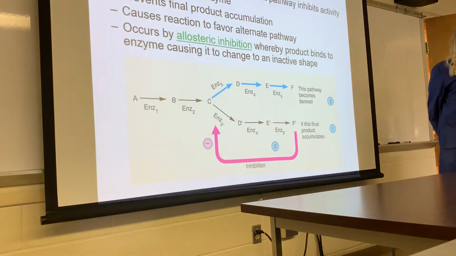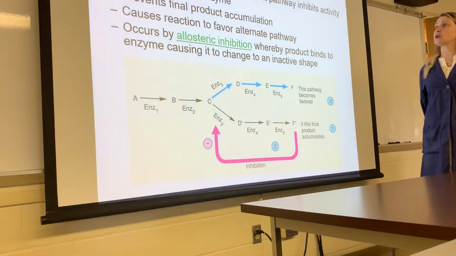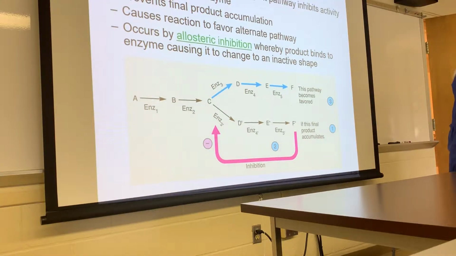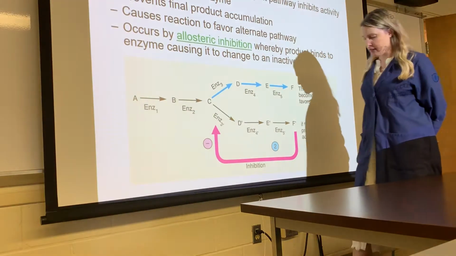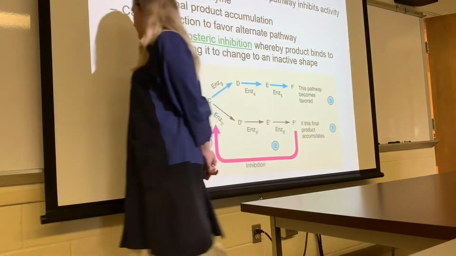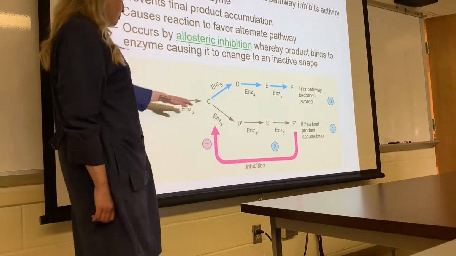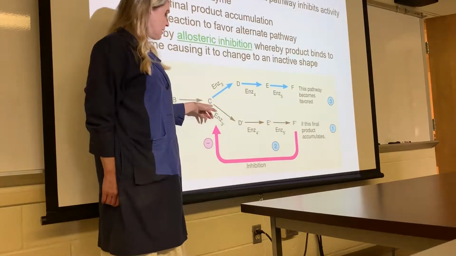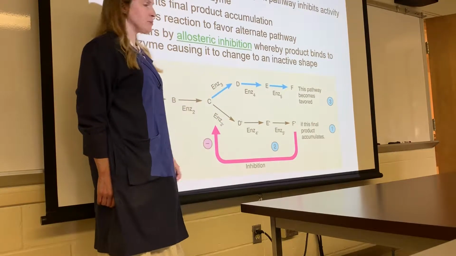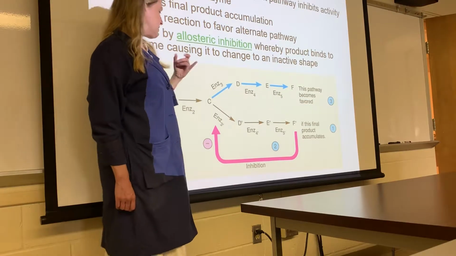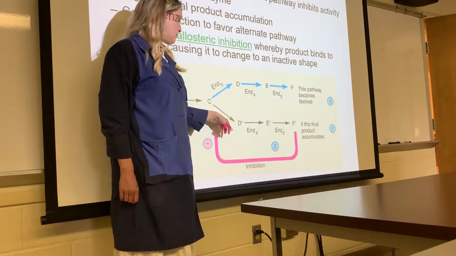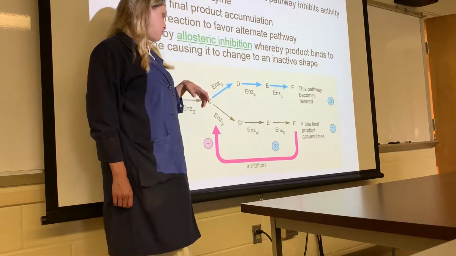All right, so end product inhibition is interesting. This occurs when you have a product in a divergent pathway where this product inhibits activity of a branch point enzyme. So if we have a pathway that at a certain point we have an enzyme, in this case it's enzyme 3, for example, we have enzyme 3' and we have enzyme 3.